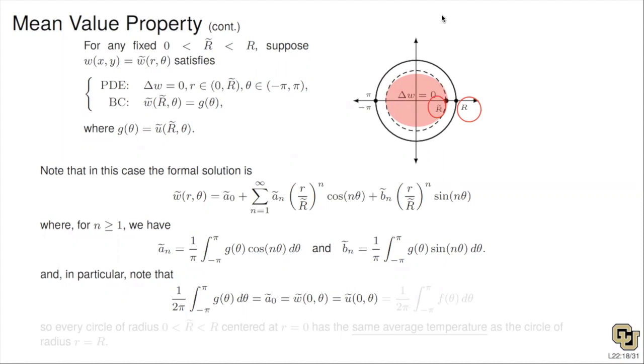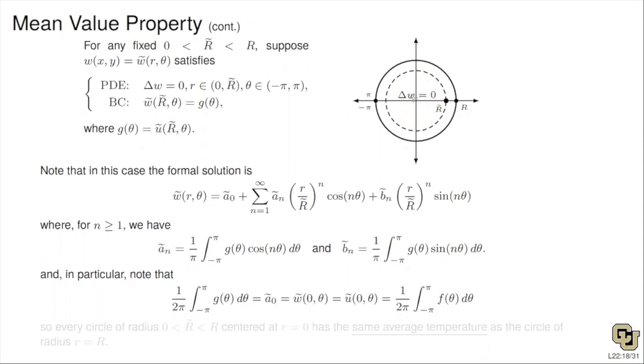So you compare the temperatures. Well, they're equal, but the temperatures are the average temperatures on their boundaries. So here we're concluding that if you take any circle centered at the origin, calculate the average temperature around the boundary, the averages will all be the same, and all those averages will equal the temperature at the center.